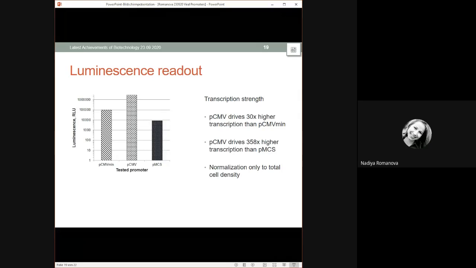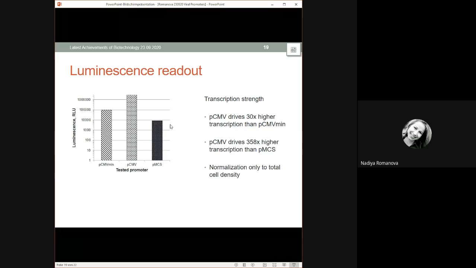This is the graphic showing the logarithmic scale. As expected, the CMV was able to drive the highest transcription, of course, but the minimal promoter, the core promoter, was also quite strong. But the most interesting result is that the empty vector, the pMCS, was also driving quite a significant level of transcription.